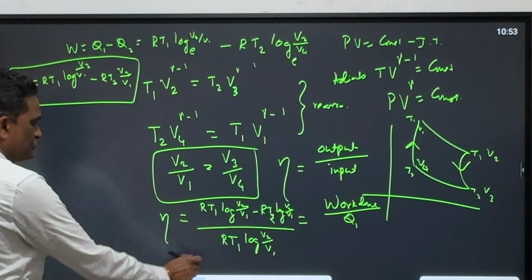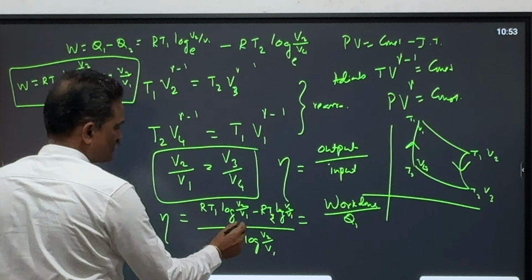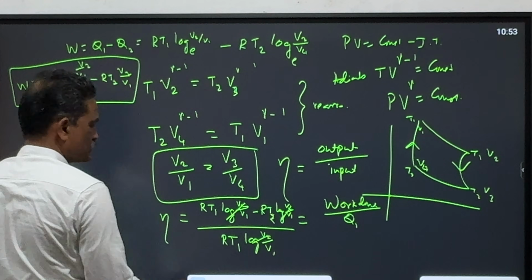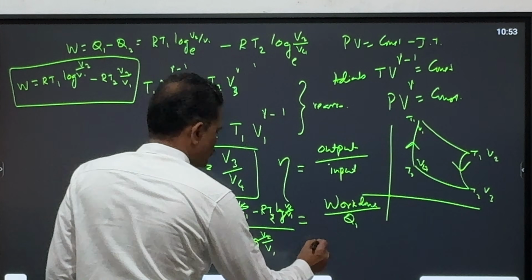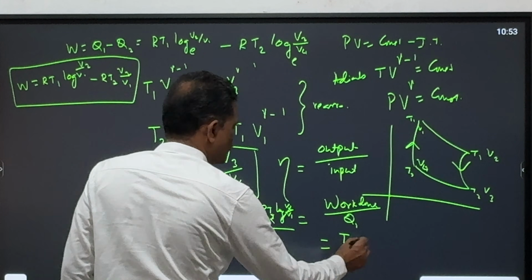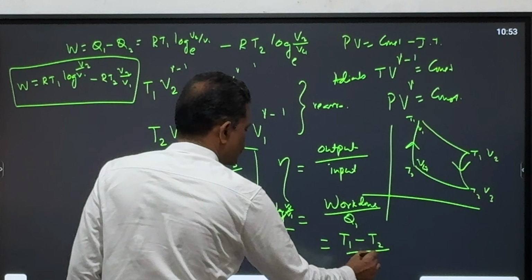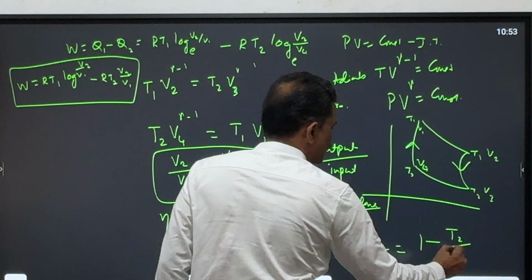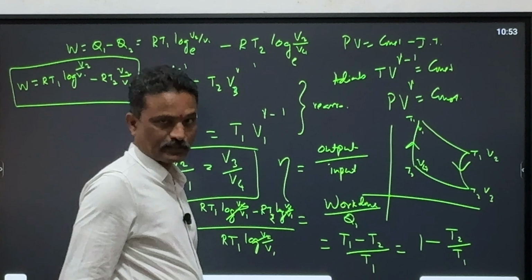So if you take log V2 by V1 common, this will cancel. R will also cancel. So you will get it as T1 minus T2 by T1. This is nothing but 1 minus T2 by T1. This is the final expression for the efficiency.